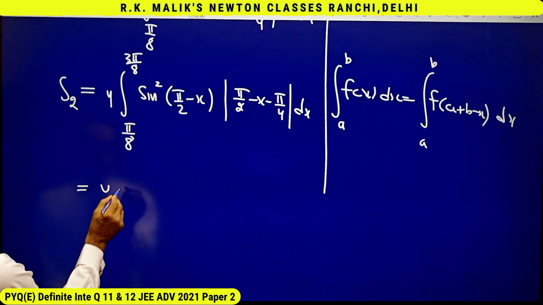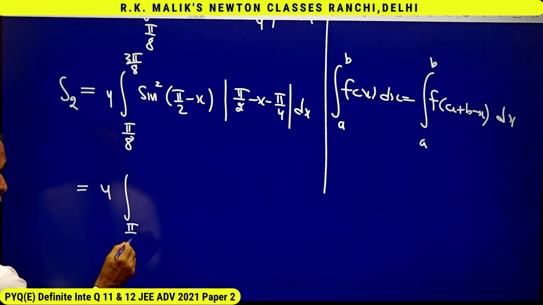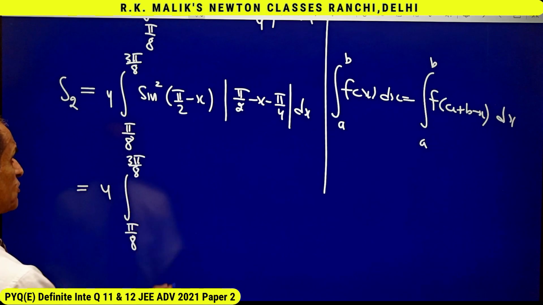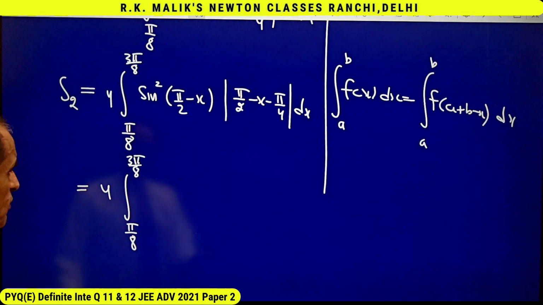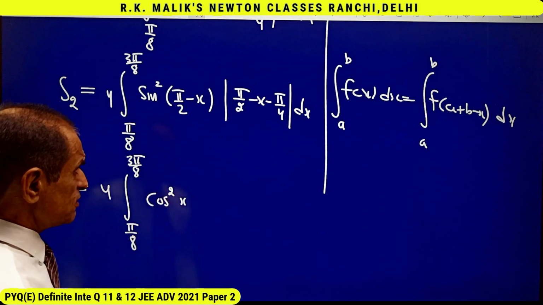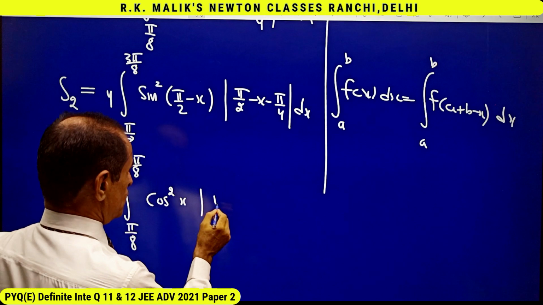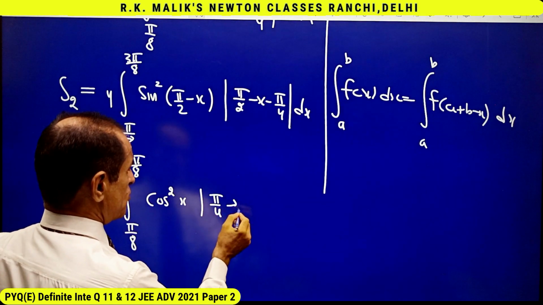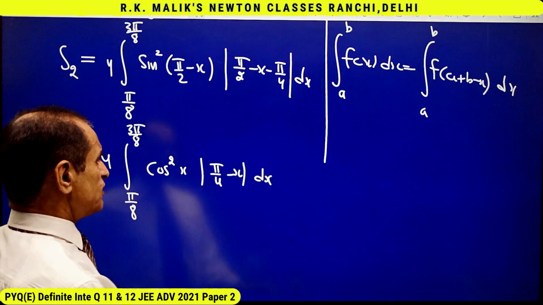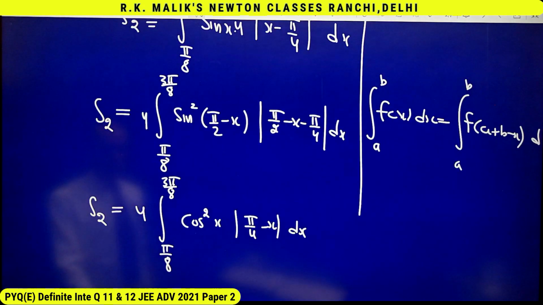This is equal to 4 times the integral from pi by 8 to 3 pi by 8 of cos square x into mod of pi by 4 minus x dx.